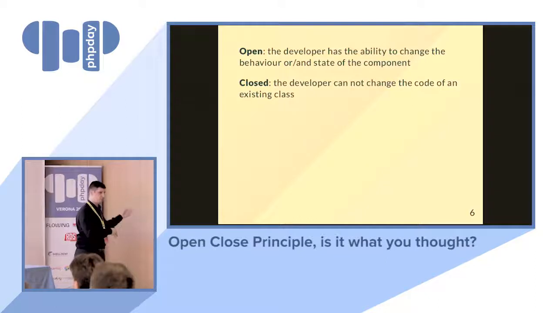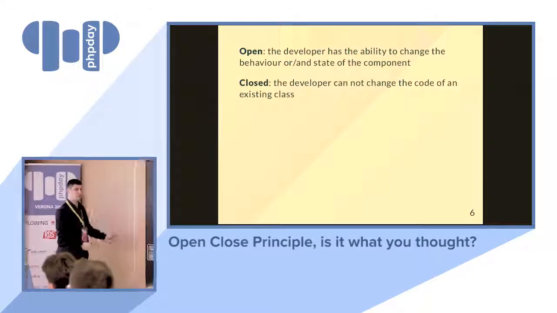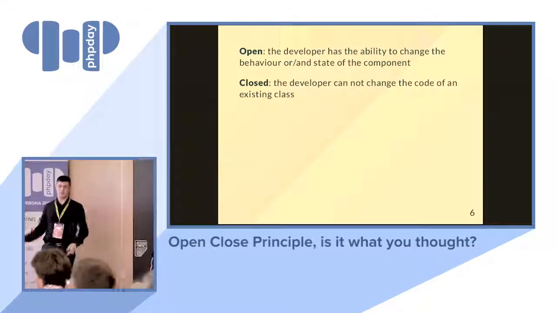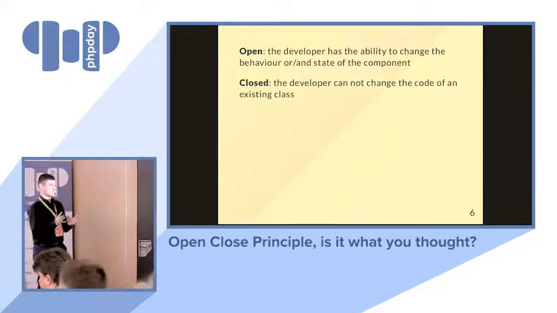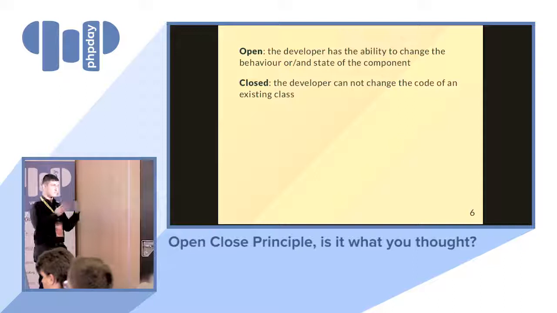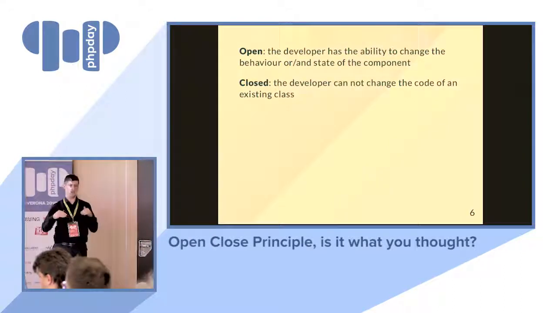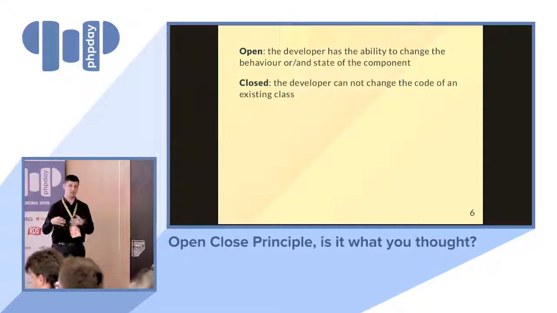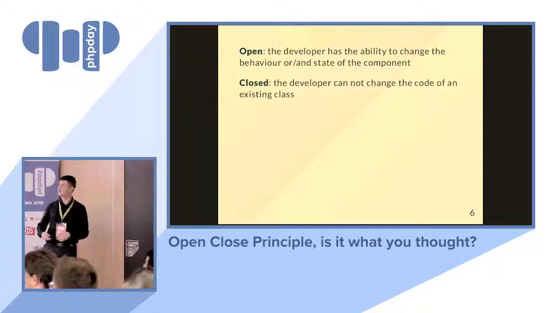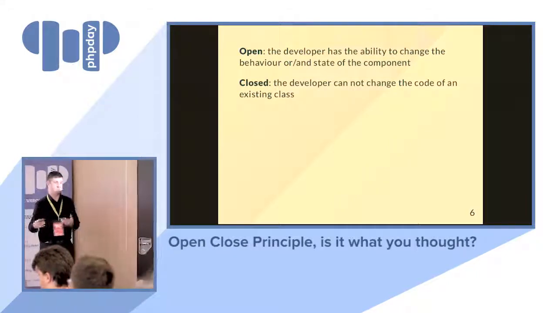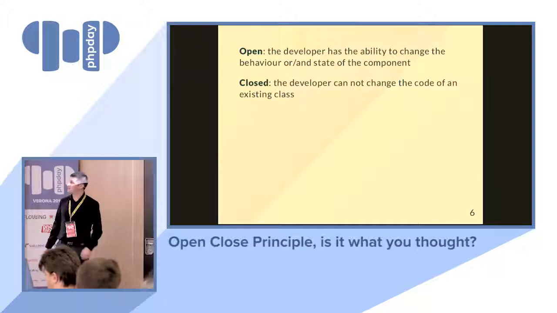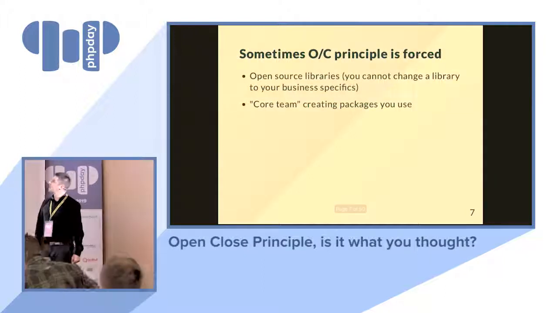Because of SRP and some other principles, you're supposed to have done the whole feature. So if the whole feature is done, that shouldn't change. If you change it, you're probably going to introduce bugs and side effects of some sort. Don't change stuff. That's what we're looking at.